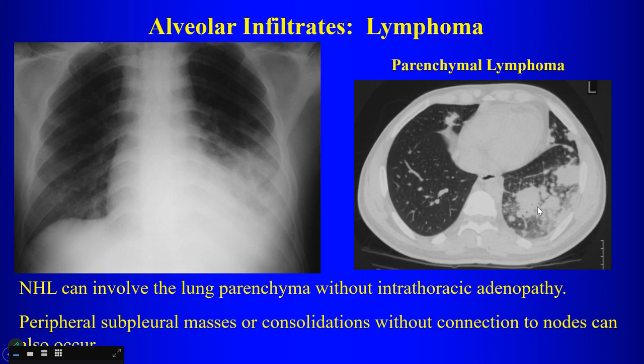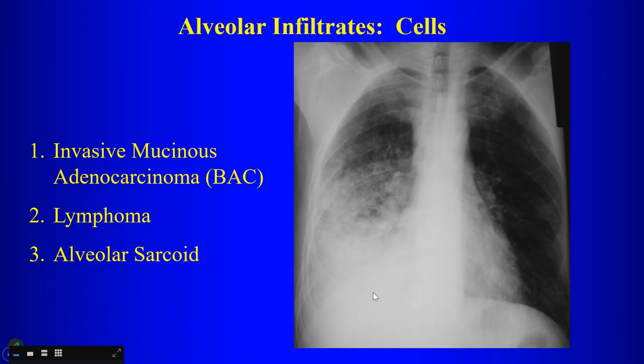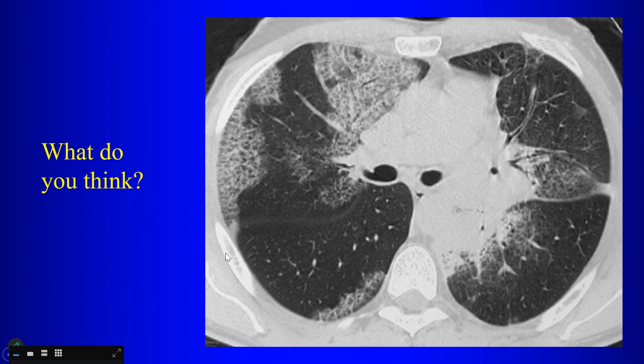So parenchymal lymphoma, this one has predominantly these mass-like opacities that have air bronchograms within them. So that when you see air bronchograms like that within these opacities, that's what makes you think about an infiltrative process, a process that's involving the air spaces. Okay? So these are alveolar infiltrates, can be from cells, mucinous adenocarcinoma, lymphoma, alveolar sarcoid.